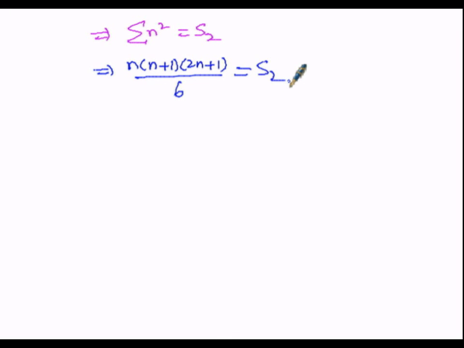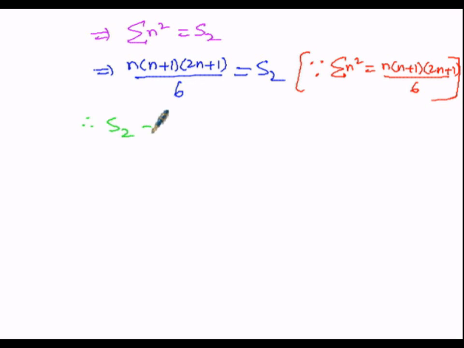So I have utilized the condition that sigma n square is replaced by n into n plus 1 into 2n plus 1 overall divided by 6. In this manner, S2 is given by means of n into n plus 1 into 2n plus 1 overall divided by 6, which is our equation number 2.